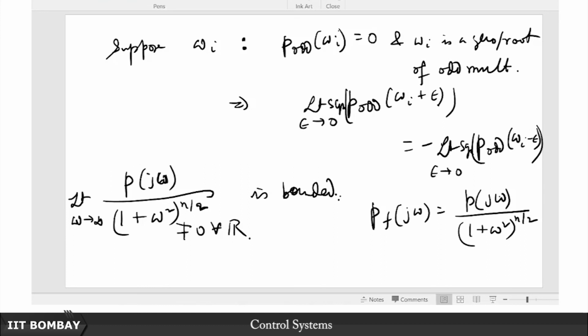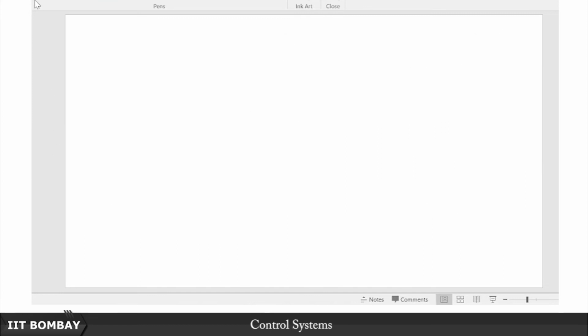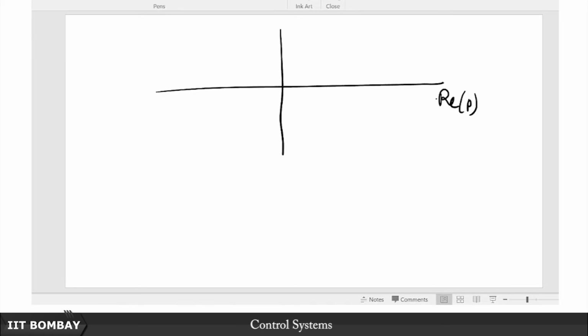So everything that you deduce about the roots of pj omega are true of the roots of pfj omega, this is just, the scaling helps to ensure that this does not go unbounded as omega tends to infinity, okay. So next what we note is that now, notice, and this is the interesting bit. So I am going to draw this here. So this is the real part of P and this is the imaginary part of P.